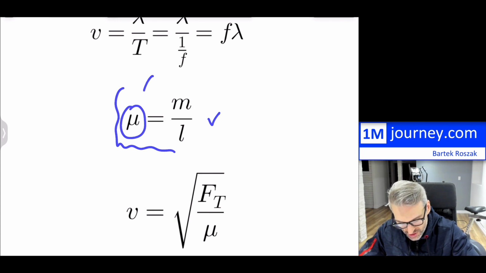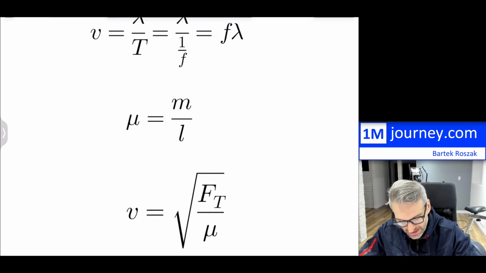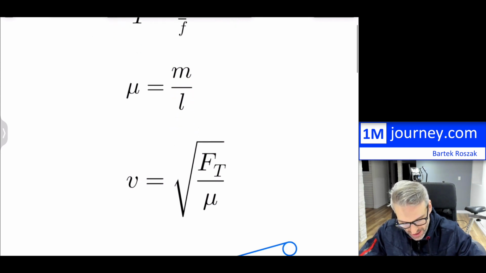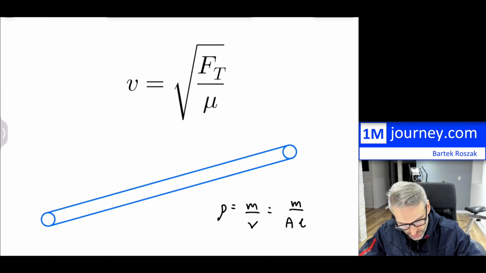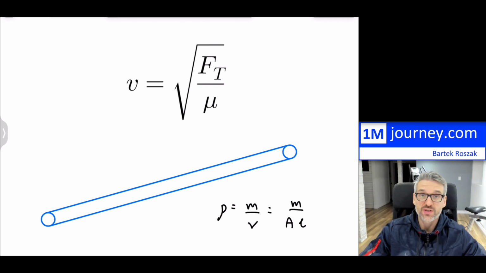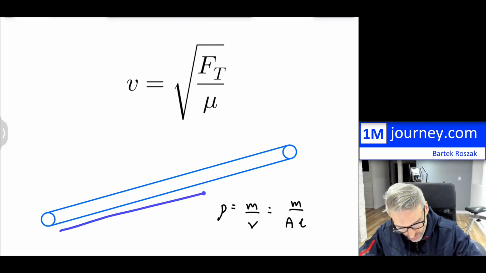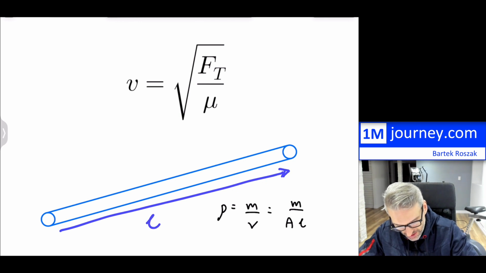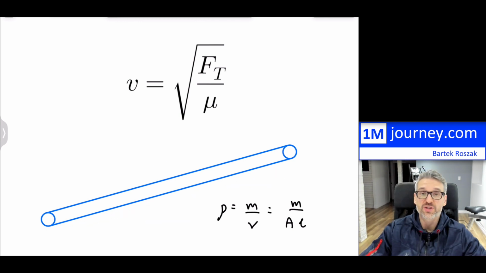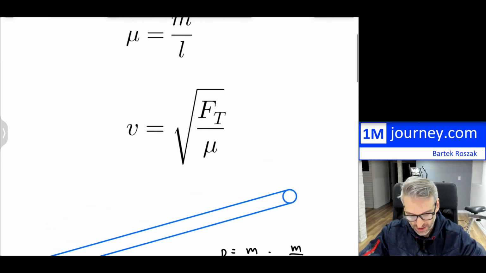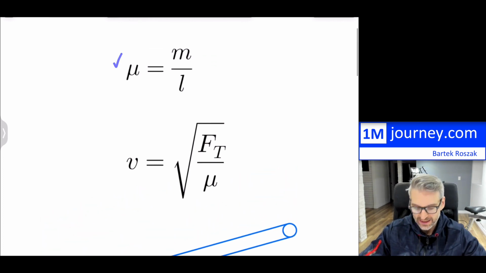So mu, this Greek letter, is related to the mass over the actual length. So again, in terms of the string, instead of utilizing the true density on the volume scale, we simply take the length of this object and the mass of this object, divide the two, and figure out what the linear density is.